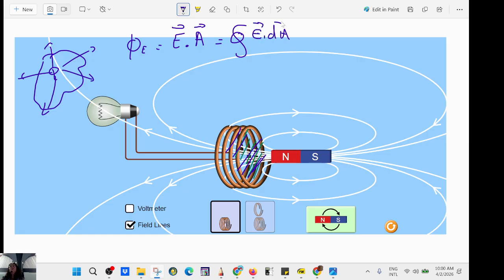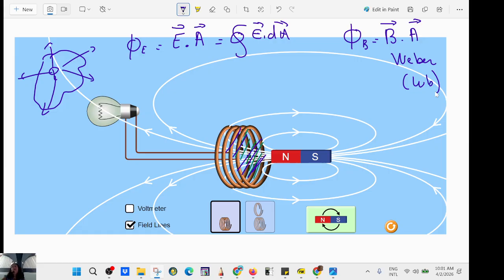But now we're going to do the same thing. We're going to introduce a magnetic flux, the number of lines poking through. Now it's going to be an open area, so here I'm going to take an open area. It's just going to be B dot A. So we discussed how to find the flux. And the unit is Weber.